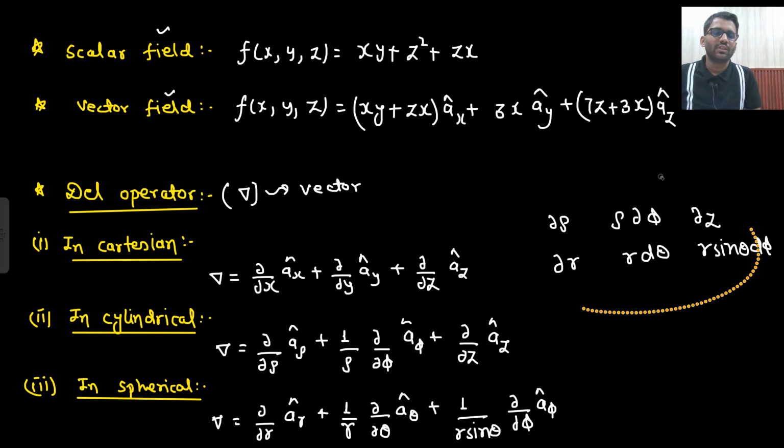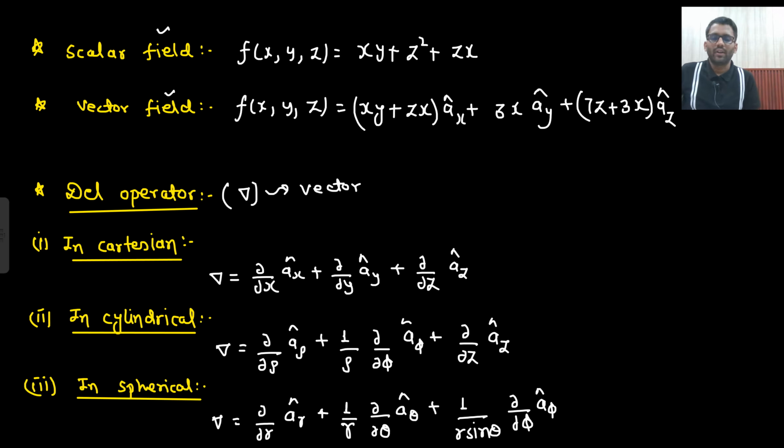Okay. So this is how you are going to write it. This is your del operator. You don't need to mug it up. Eventually you are going to remember it because you will solve a lot of problems.